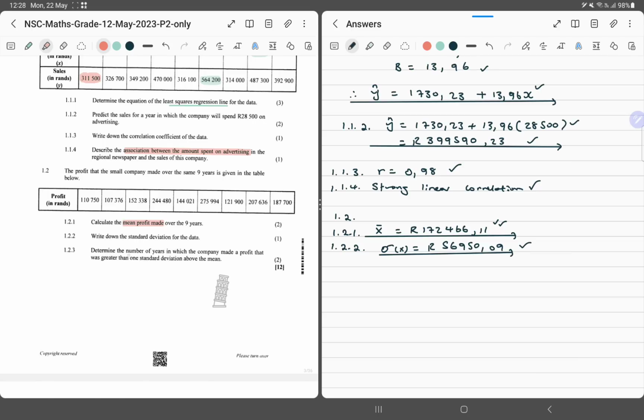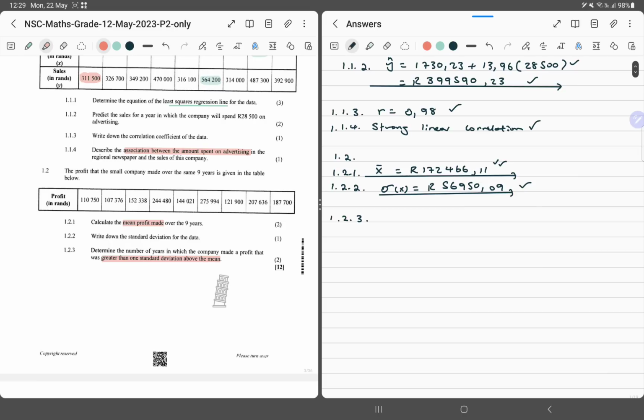And then it says determine the number of years in which the company made a profit that was greater than one standard deviation above the mean. Okay, now we want to know what is that. So we've got 1.2.3. So obviously we want to know what is one standard deviation above the mean.